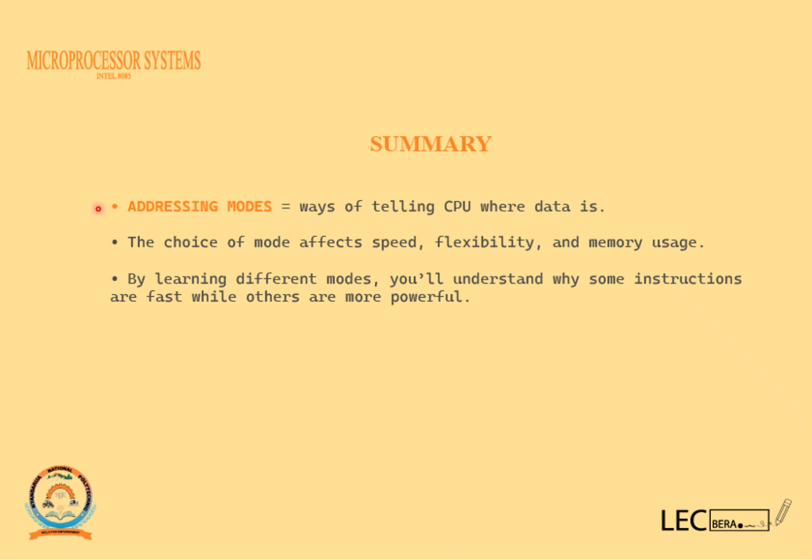We need to know these addressing modes to write our instructions effectively. Whenever an instruction works on data found directly in memory, that is direct addressing. If an instruction works on data inside a register, that is called register addressing, and the list continues.